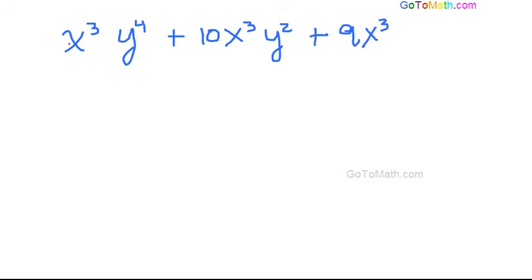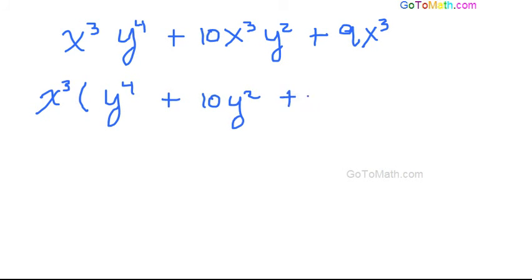But look at here, we got something going on. We got an x cubed, and an x cubed. Huh. So I'm thinking we can factor out that x cubed. And we're going to do that. So let's do that. So we have y to the 4th plus 10y squared plus 9. Oh man, another one of these problems.